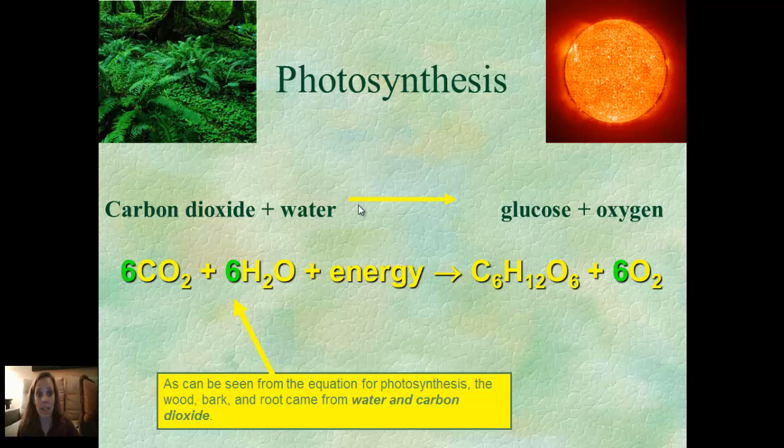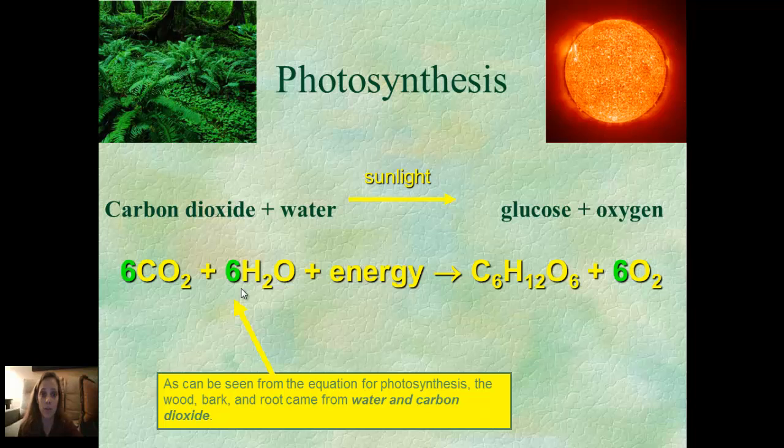Alright, so again, here is this chemical equation. Carbon dioxide and water transformed by energy from the sun into glucose and oxygen. Isn't that amazing? All we need is sunlight and we get everything that we need in order to sustain life on planet Earth. Okay, so as can be seen from this equation of photosynthesis, the wood, bark, and root come from water and carbon dioxide.